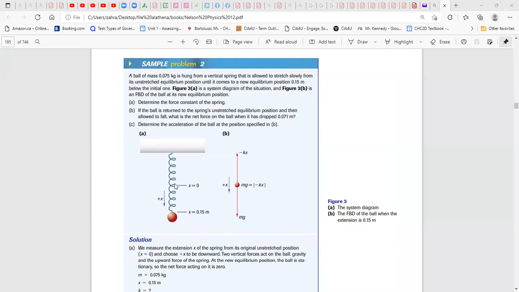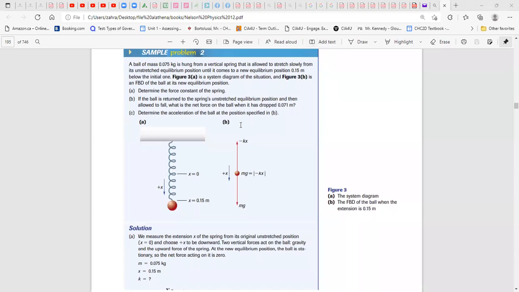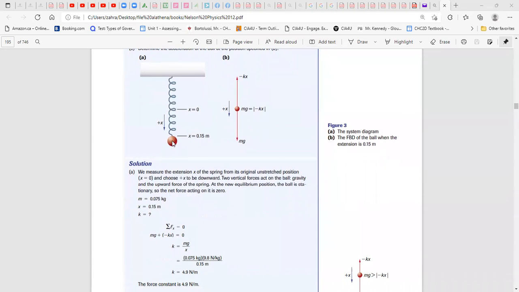Originally, without attaching any object, the spring was at x equals 0. But when you attach an object, of course, it will stretch out. We want to find the force constant of the spring. We know this is an equilibrium, it's not moving, so the total force in the y direction is 0.